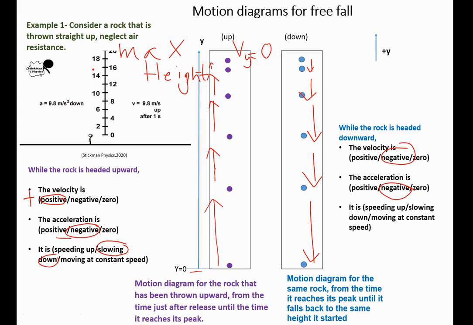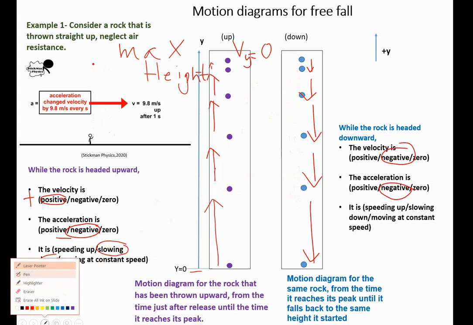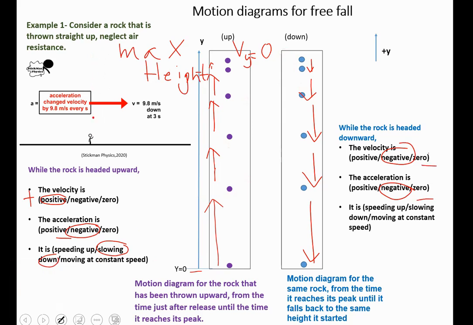So in the motion diagram, you can see the distance between two dots increases while it's moving downwards. That means it's speeding up. And the velocity and the acceleration both are in the same direction. Velocity is negative, acceleration is also negative. That means both have the same sign, and the object should be speeding up.